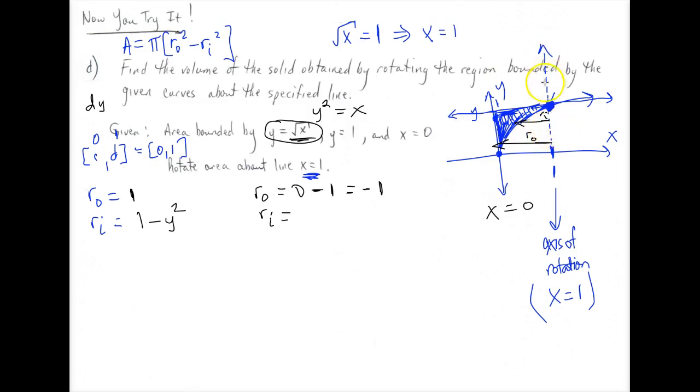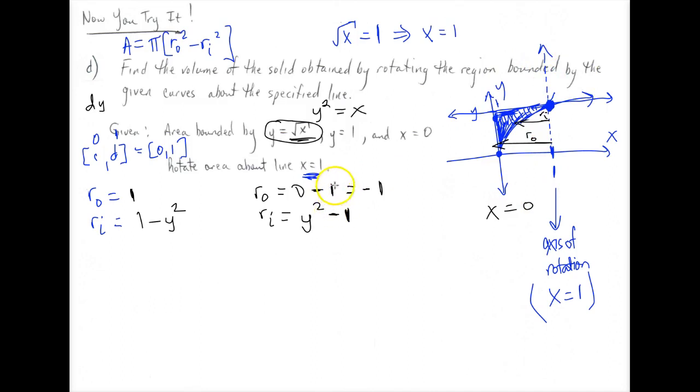So in terms of x equals 1, to get to x equals 0, you got to go over 1 unit to the left, okay? So if we think about it that way and do the same thing for the inner radius, then of course what we can do here is we can say, all right, well, this is the difference in between where we stop here, which is y squared, and the line x equals 1, okay?